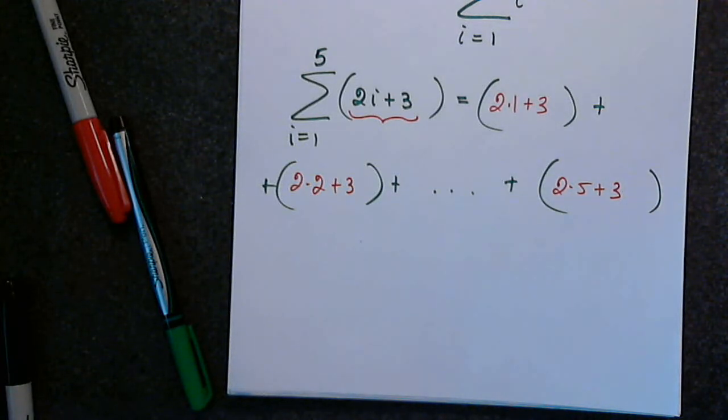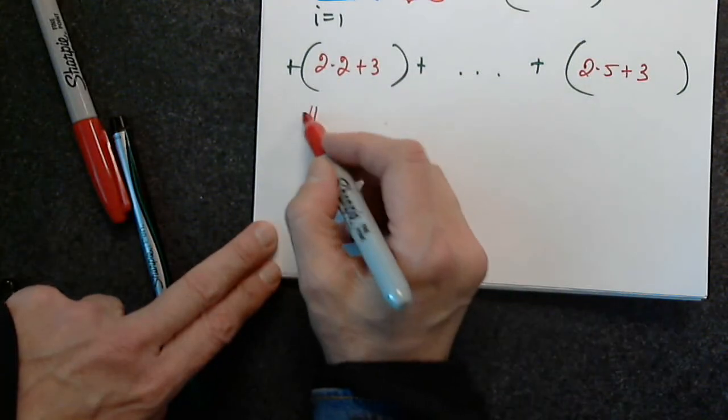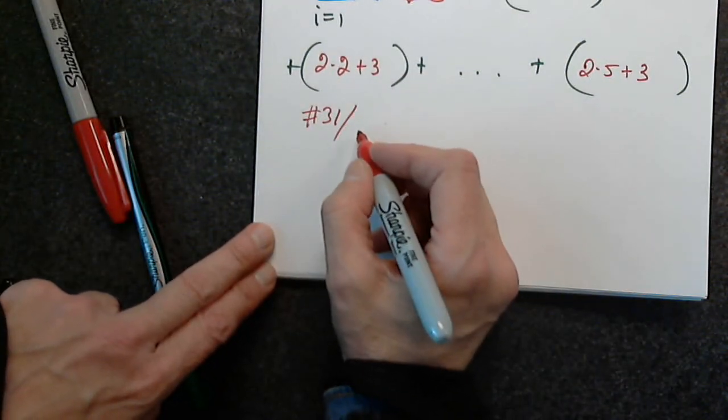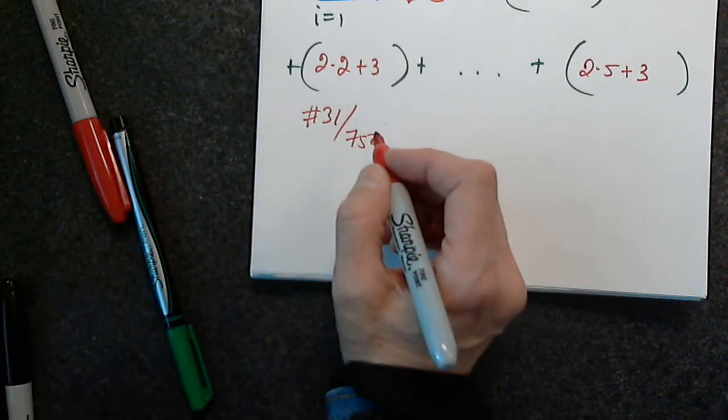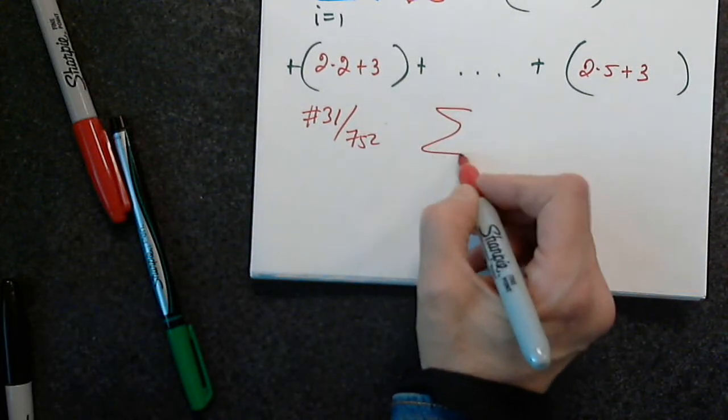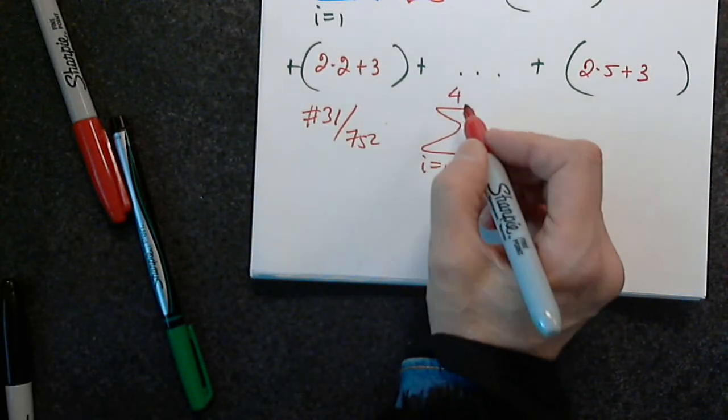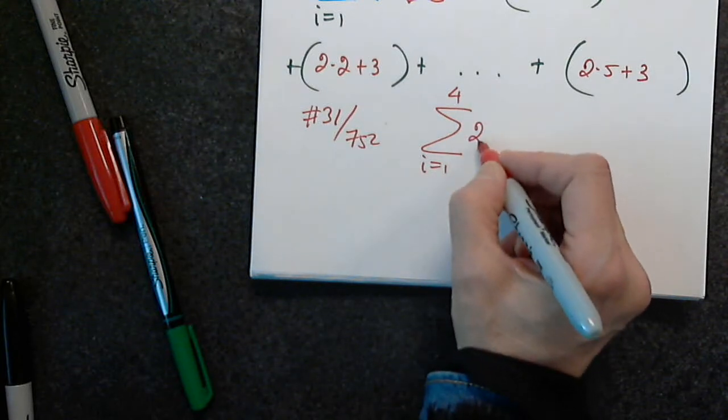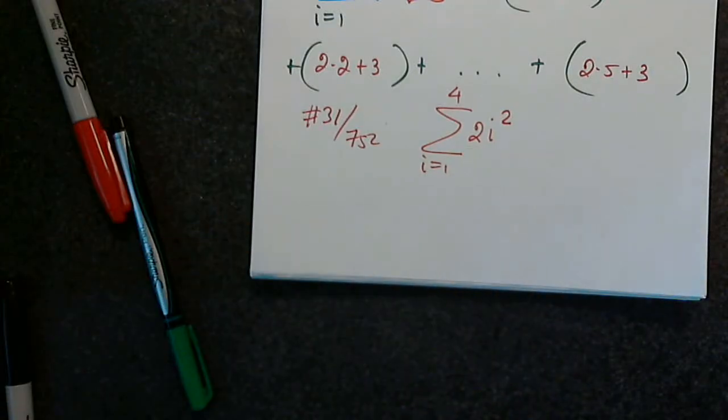So let's start with 31 on page 752. The sum from i equals 1 through 4 of 2i squared. They want us to find this sum.